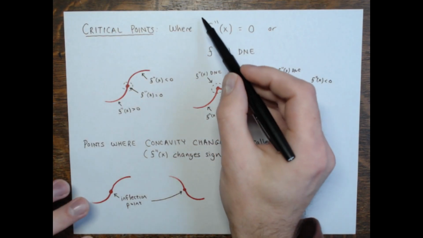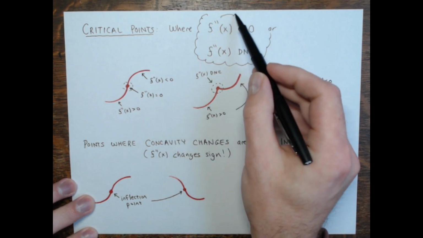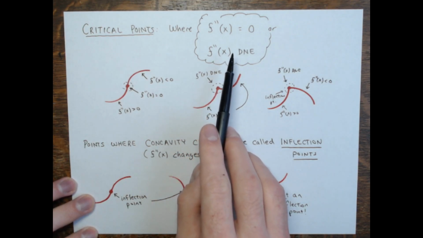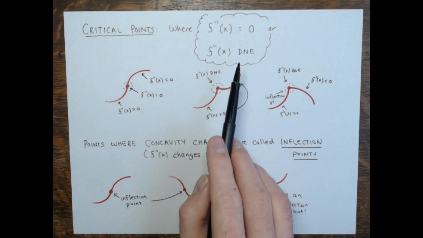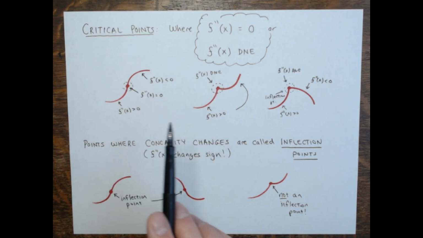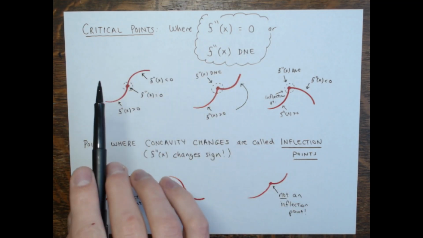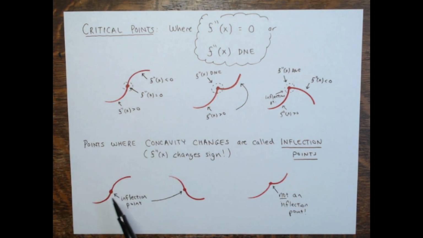But the key to finding these inflection points is that they can only occur at critical values, where the second derivative is 0 or where the second derivative is undefined. So we find these critical values, just like with our first derivative, and then plug in values around these to see where concavity changes, to see where the second derivative goes from positive to negative or negative to positive.